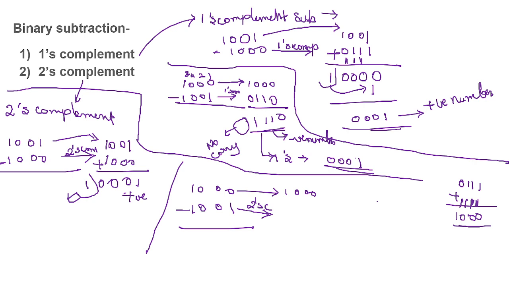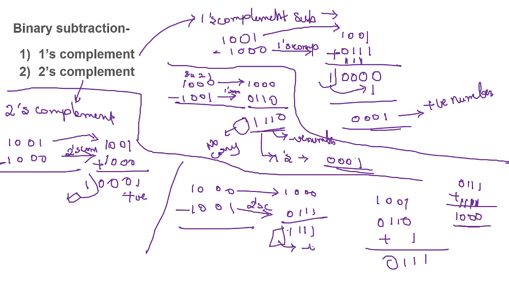And the 2's complement for 1001 will be 0110 plus 1, 0111, and the result will be 1111. I don't have any end around carry, so the number is negative, and I have to take the 2's complement of this result. So I will get 0000 plus 1, which is nothing but minus 1.